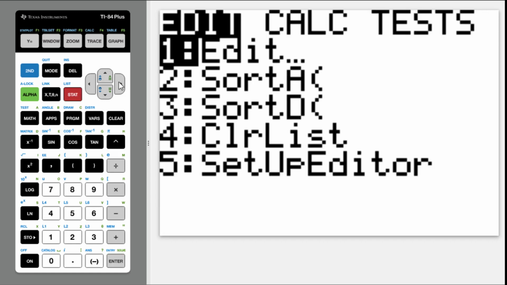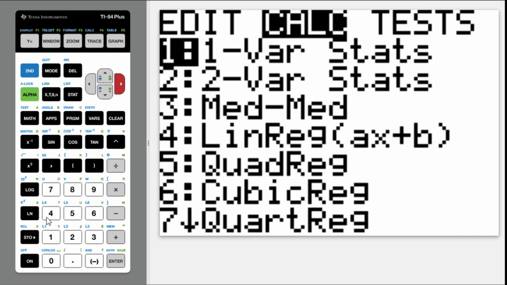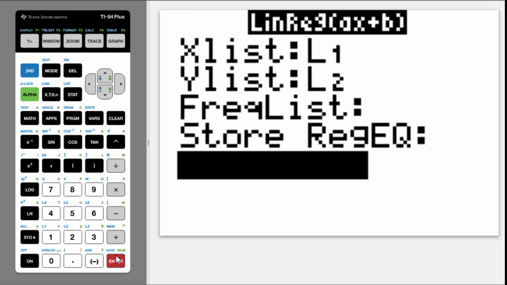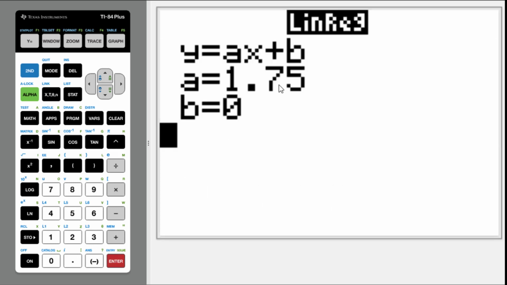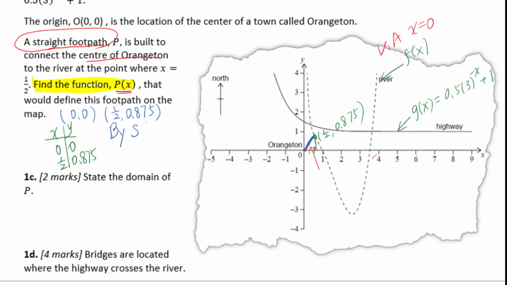Then stat again, calculate, linear, go to 4. Then keep entering. The answer will be 1.75x plus 0. By stat, P of x equals 1.75x. So we label here P of x equals 1.75x.